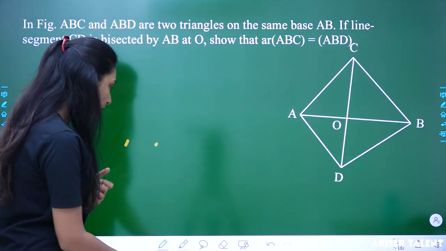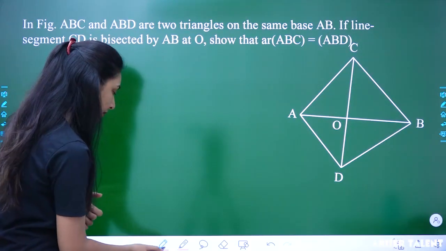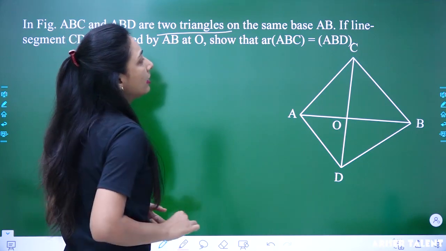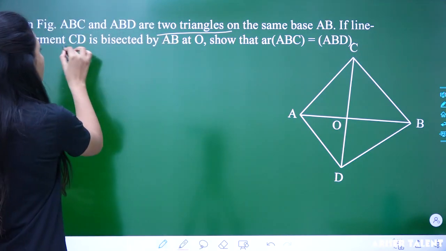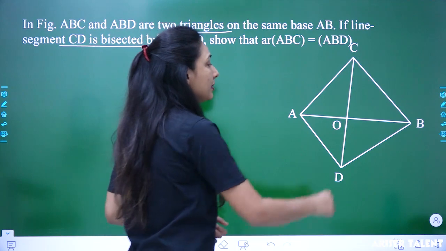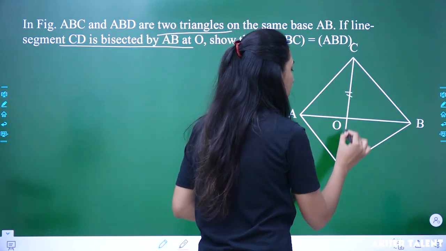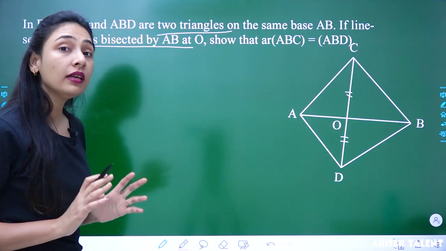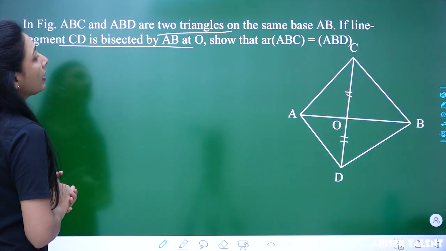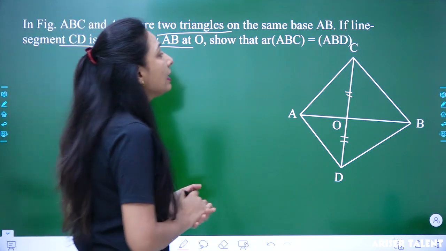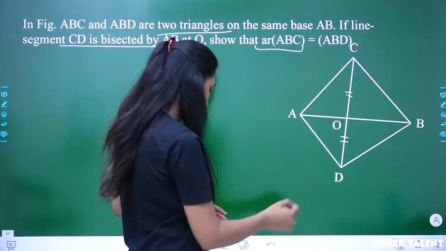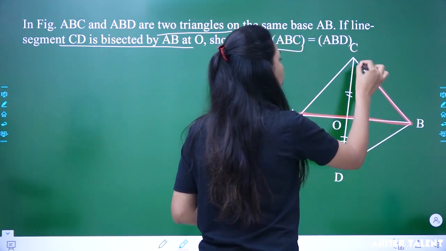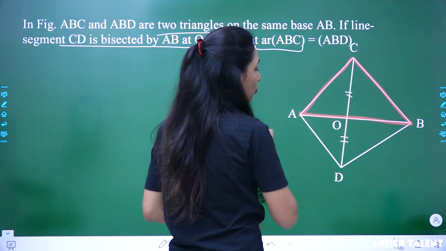So what it is saying is that 2 triangles on the same base AB, if line segment CD is bisected by AO at O, that means these two line segments CO and OD are equal to each other. Show that triangle area ABC, let's mark ABC, this area is equal to ABD.